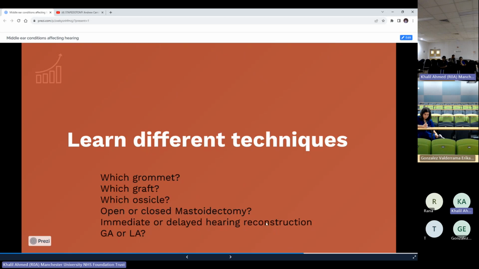And then what about hearing reconstruction? A lot of people doing mastoids say, oh, I don't do an ossiculoplasty at the same time. We do it a year later. You've got to think that patient's been deaf for a year after the op. And I've got quite a few cases, usually at the private hospital, that come to me having had a combined approach and the consultants never reconstructed their hearing at the same time.